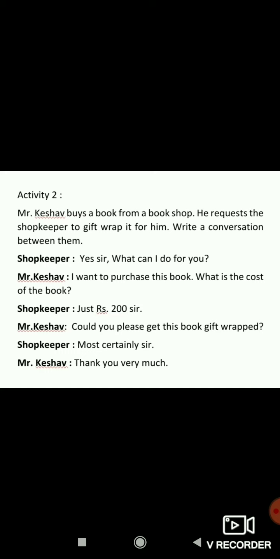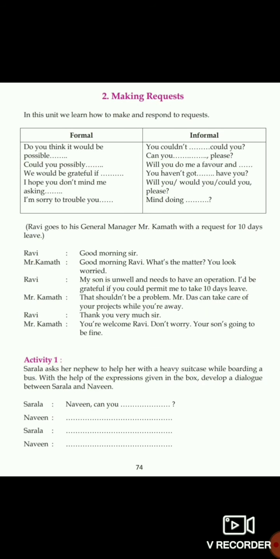So I have done activity 1 and activity 2. Students, I want you to practice this language function, making requests, and I want you to write activity 1 and activity 2 according to your own way of constructing dialogue. Just try to practice these two activities in your own sentences.